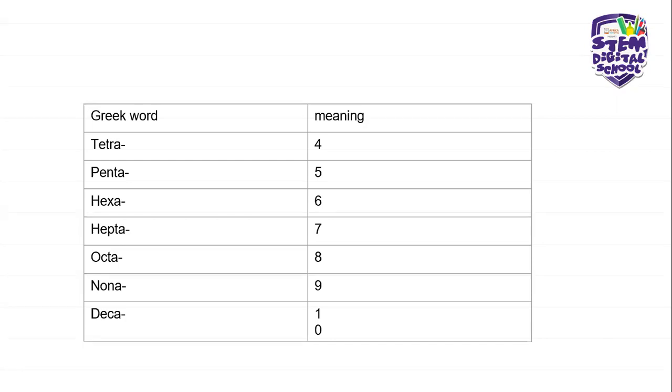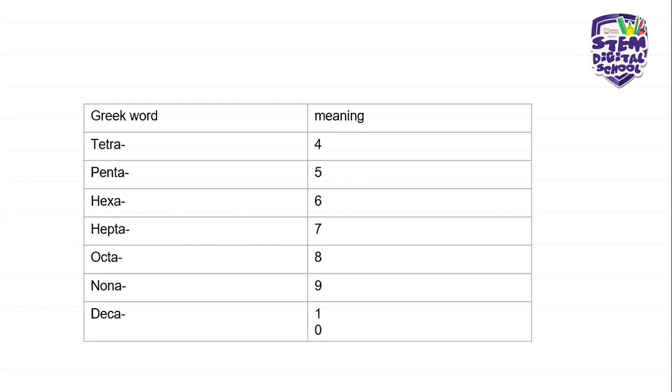So it's a 5-sided figure. When we talk about a pentagon, the word penta means 5, and tetra means 4. Hexa means 6. And you can see that we also have hepta, which means 7.